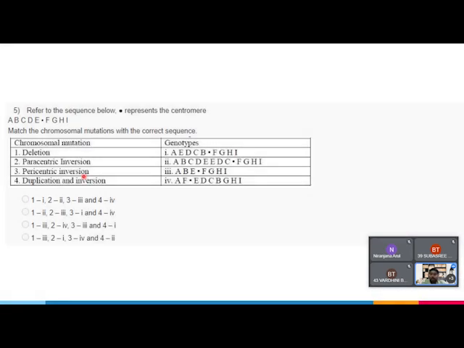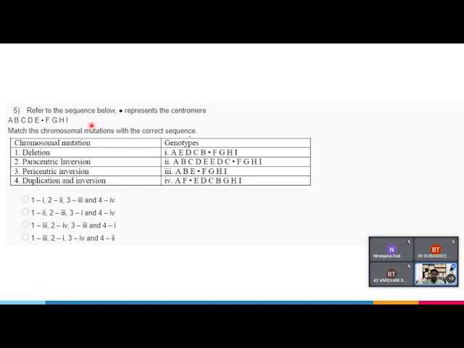We come towards our final question, which is: refer to the sequence below where the dot represents the centromere. So we have A, B, C, D, E on one side of the centromere and F, G, H, I. So this is a chromosomal sequence. Essentially these are genes is what you can assume them to be, and centromere is the dot in between. Match the chromosomal mutation with the correct sequence.